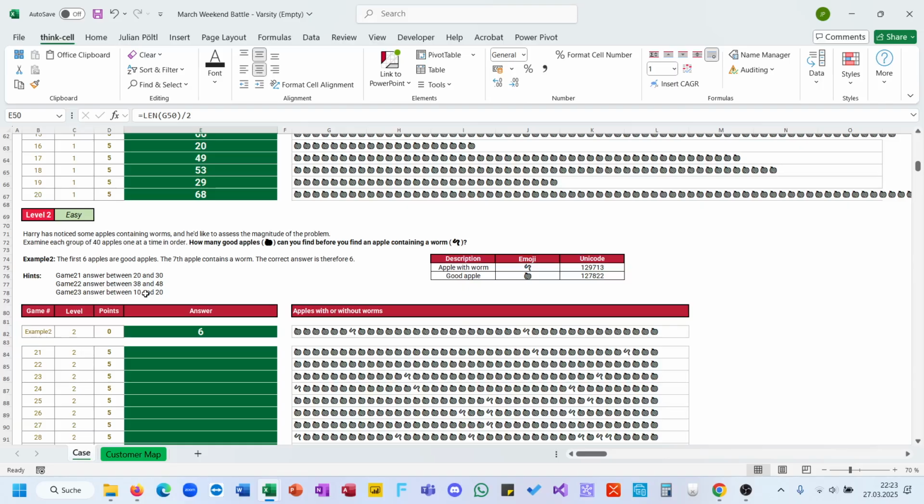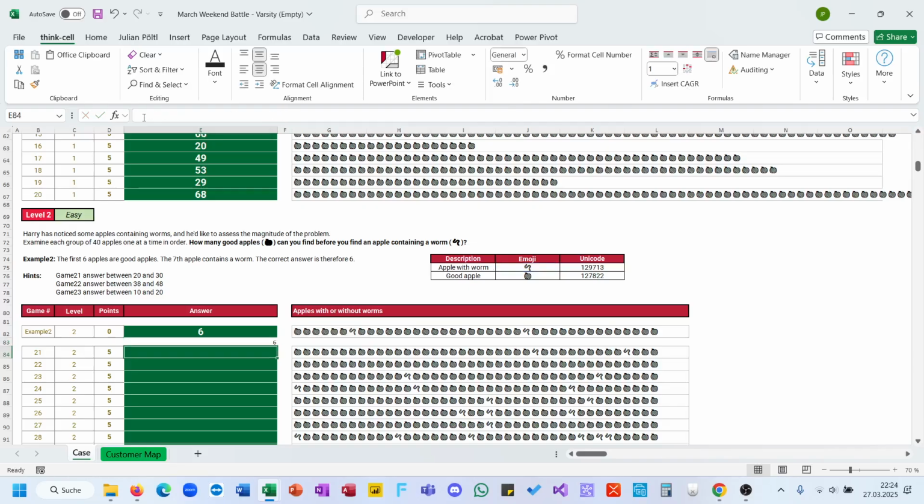How many good apples can you find before you find an apple containing a worm? So when I search after the worm in here, it turned out 13, which is divided by 2 and rounded down, doable.